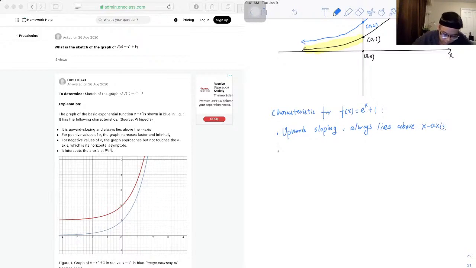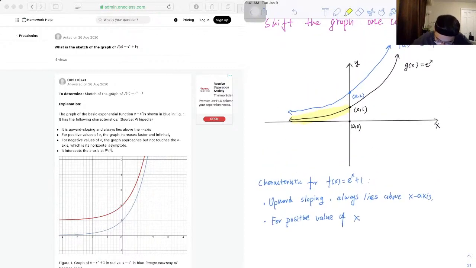And then for positive values of x. Yep. So we're talking about this part for now.